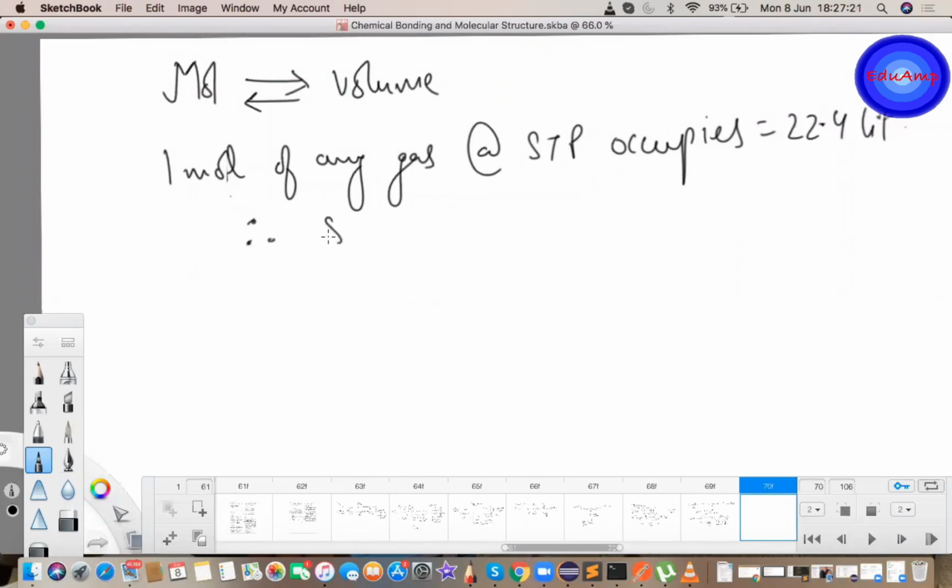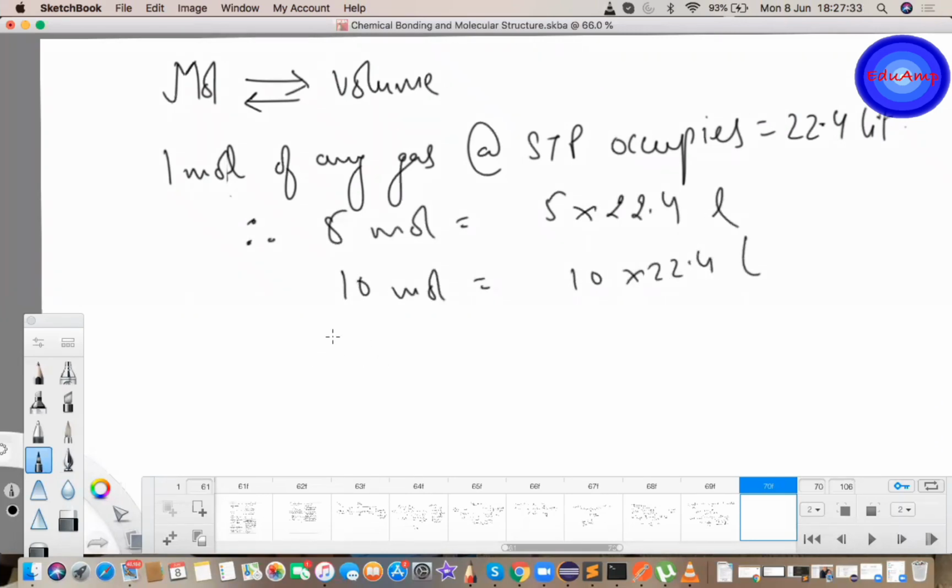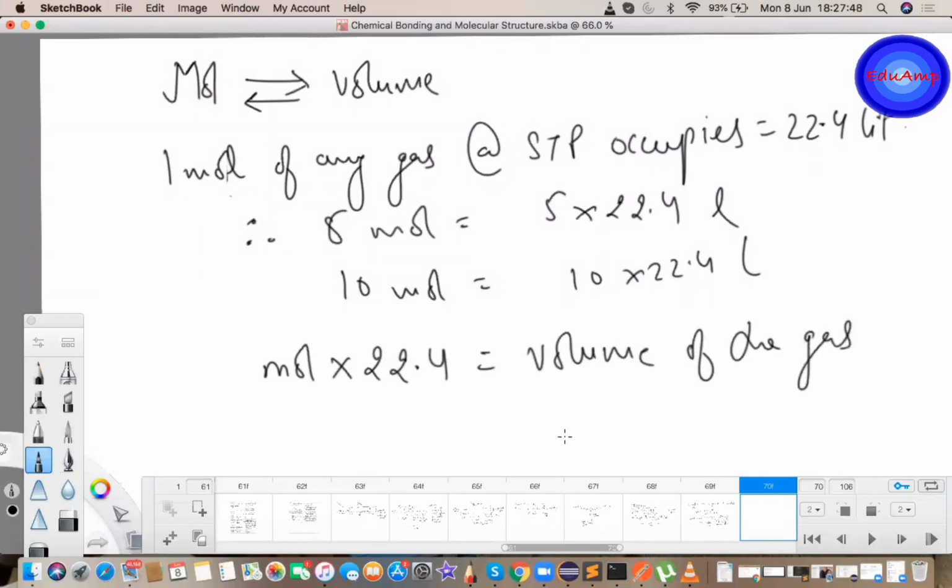Therefore, 5 moles will occupy 5 into 22.4 liter. 10 moles will occupy 10 into 22.4 liter. So what you are going to do is multiply mole by 22.4, and you will get the volume of the gas. It is as simple as that.